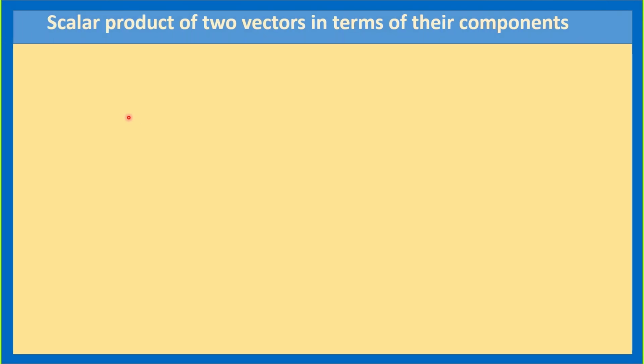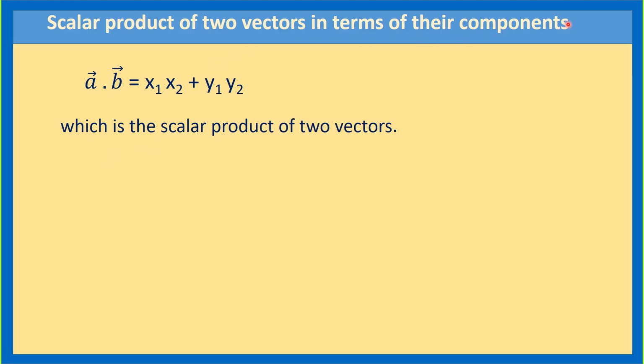We can write vector A dot vector B is equal to x1 x2 plus y1 y2, which is the scalar product of two vectors in terms of their components.